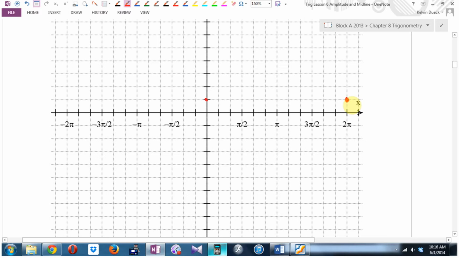Now remember, cosine looks like this. That's a terrible sketch, but what I want you to realize is that halfway between 0 and 2 pi, that's when it's going to be at the bottom, right there.